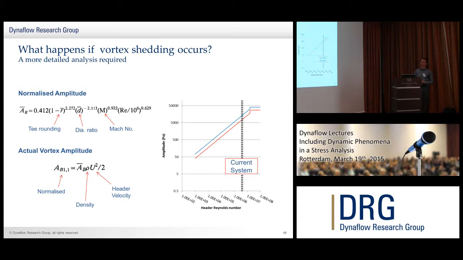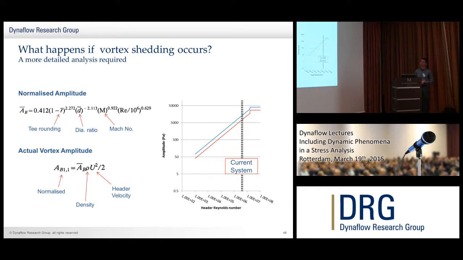This normalized amplitude, A bar, can then be converted to an actual amplitude A using the dynamic pressure of the system. What we end up with, based on the header Reynolds number for our system, is that the amplitude of the vortex shedding increases with the Reynolds number.